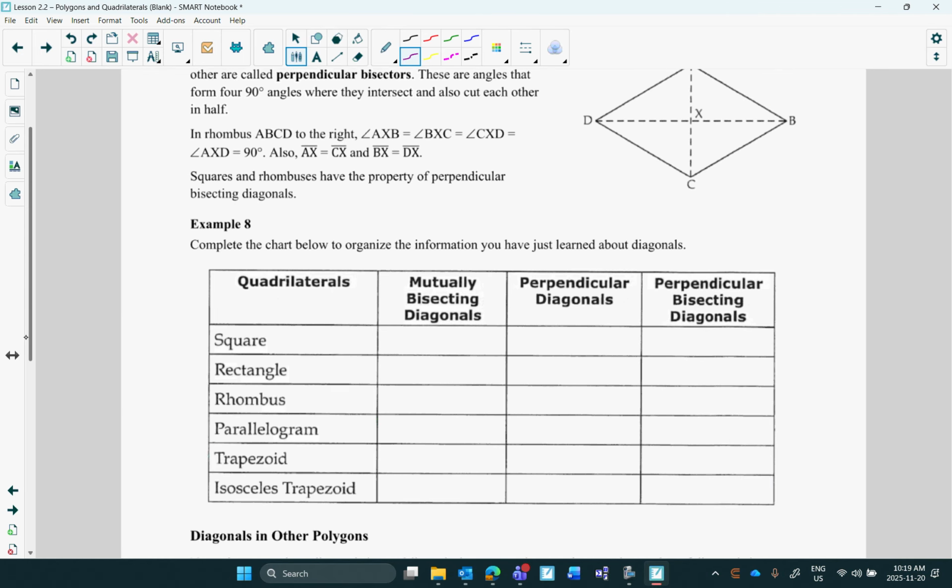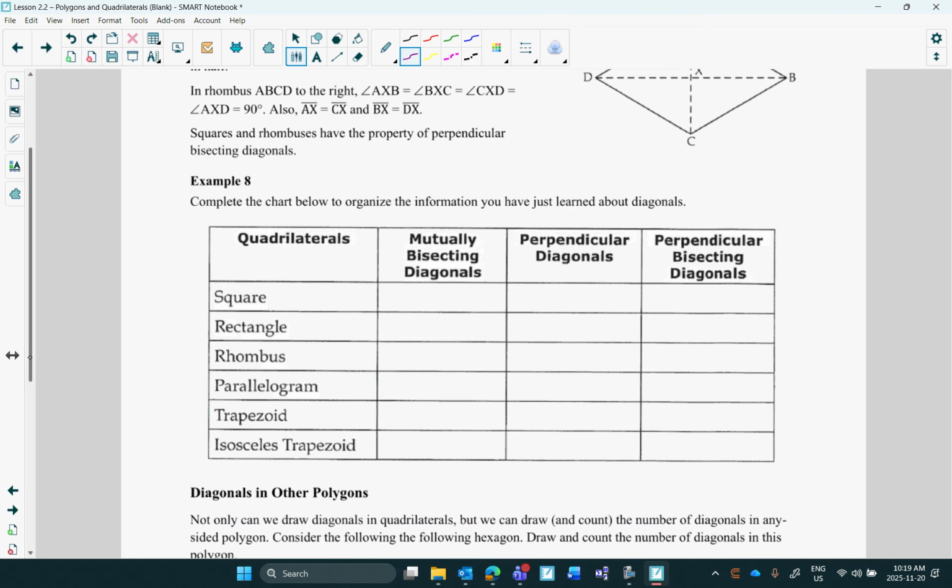So let's sum up these diagonals. We talked about whether they are mutually bisecting, we talked about whether they're perpendicular, and if they're mutually bisecting and perpendicular, that means they're both. So a square, do they split each other into equal parts?